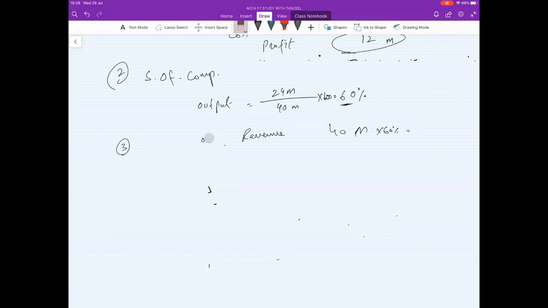I need space. I need to write something else for you. Total revenue was 40 million. Take 60% of this, which is 24, and then total cost was 28.